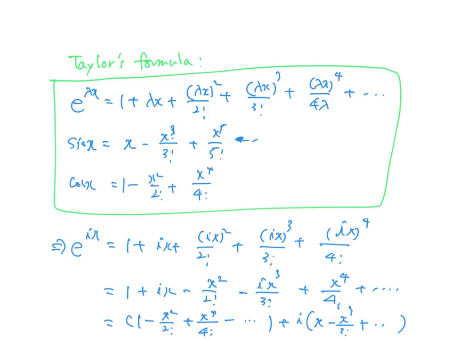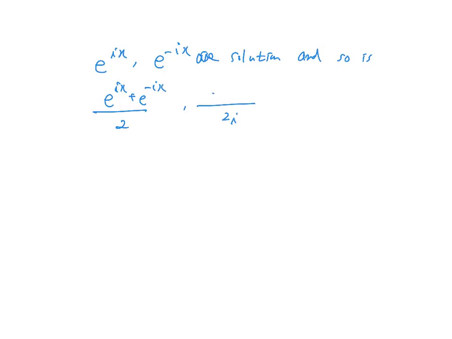So in this case, exponential ix and exponential minus ix are also solutions, and so is any linear combination, such as exponential ix plus exponential minus ix over 2, and exponential ix minus exponential minus ix over 2i.